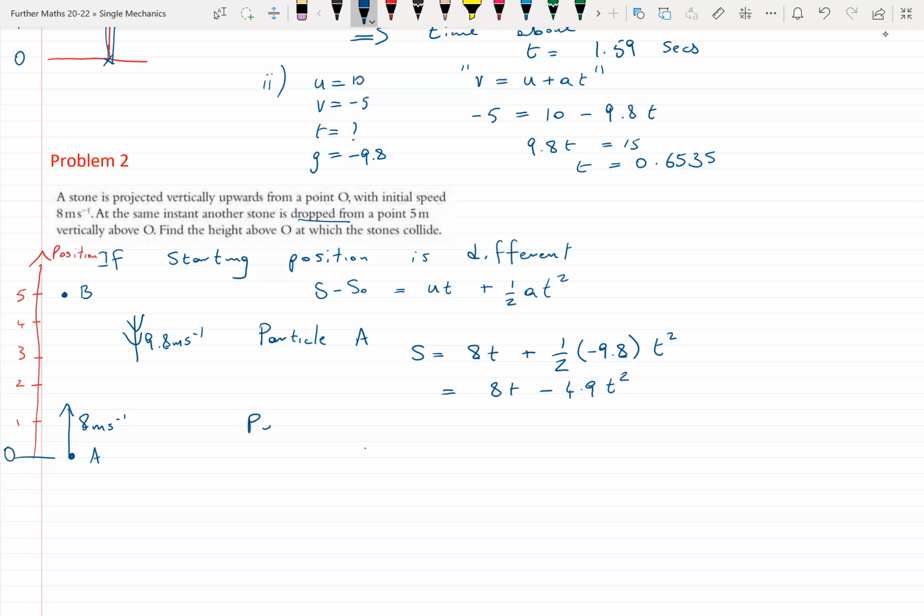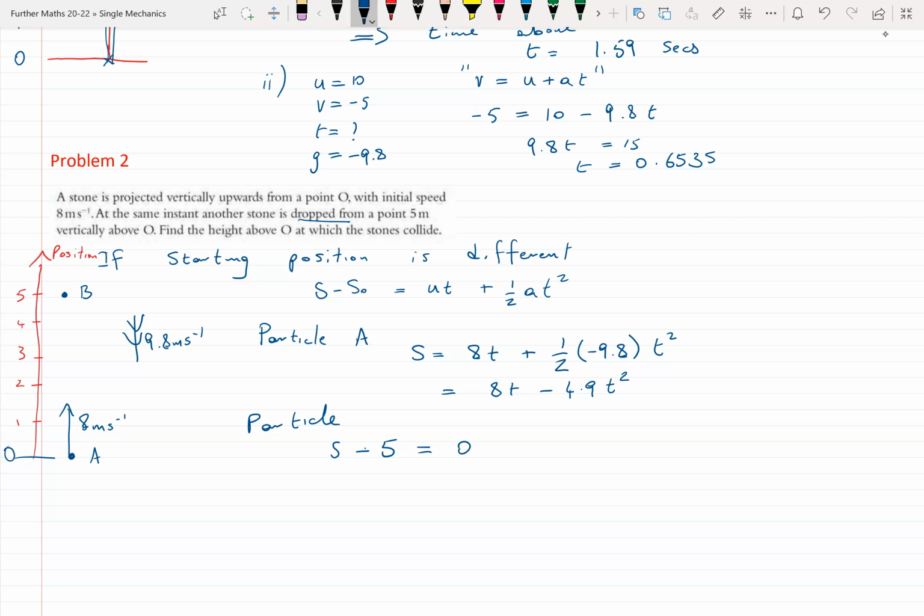Then let's look at particle B, and this is where the formula is useful when it's starting elsewhere, because if we're going to compare them, we really need S to mean the same thing. S in this case is the same thing, but S naught is equal to 5, because that's where it's starting from up here.